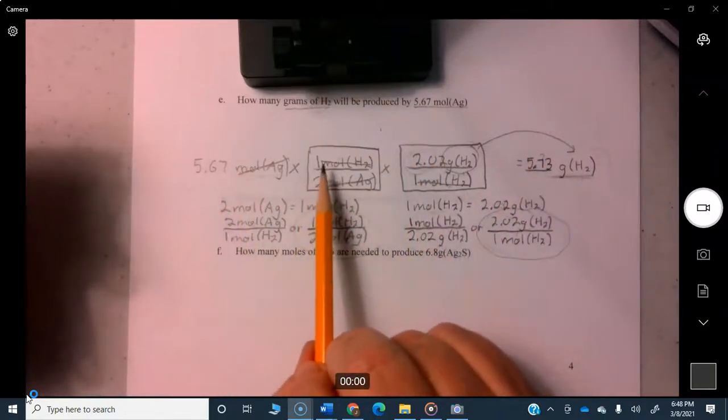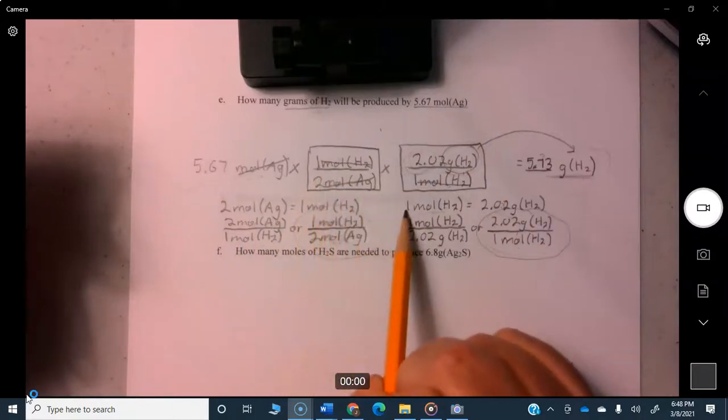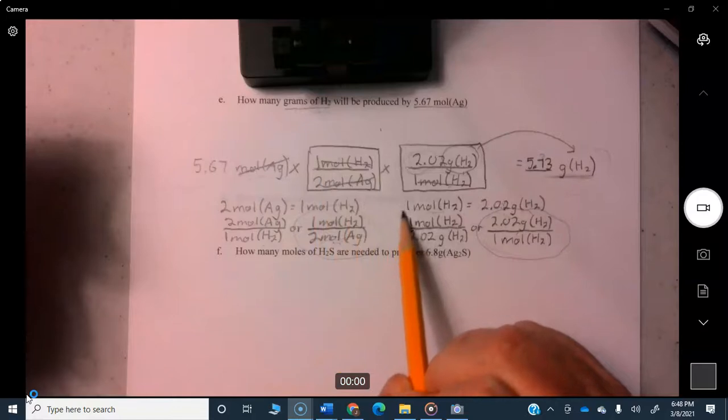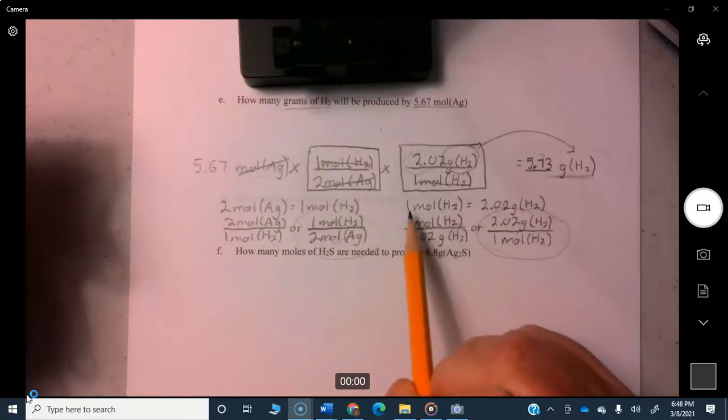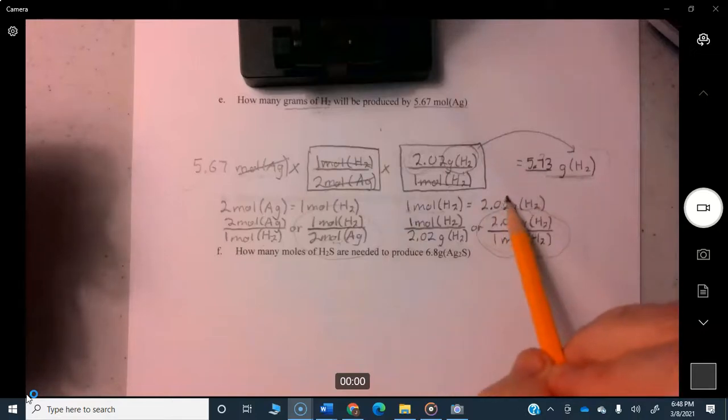And remember what we said in class. This is called a standard. We want to know that 1 mole of H2, what does it equal in grams? So we want to know what exactly 1 mole equals. So we're just assigning this to be exactly 1. So that's an infinite number of significant figures, as you're not limited to 1 significant figure. You could call that 1.00000 forever. This is the measured value.